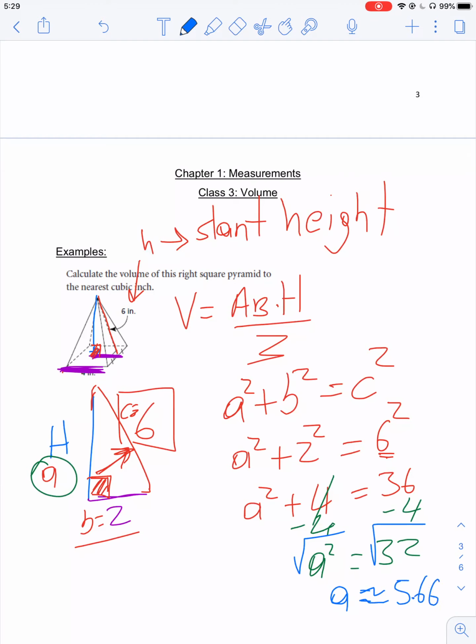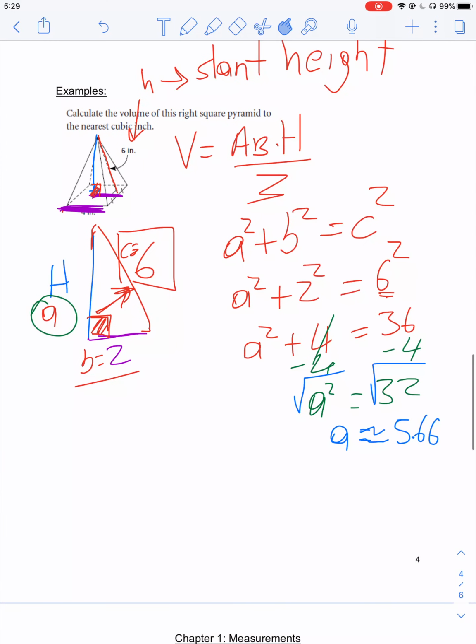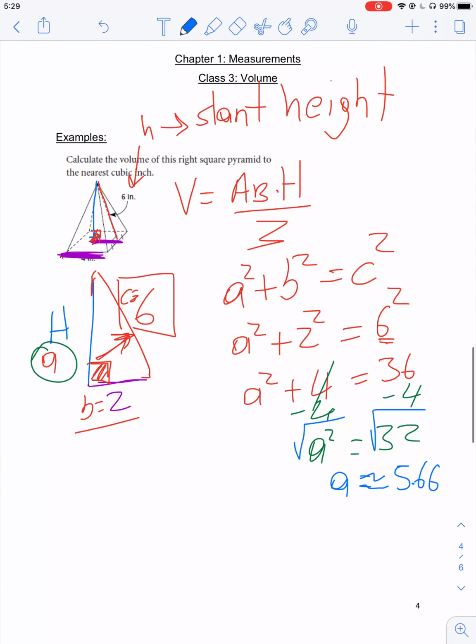I like to use 2 digits, but if you're using 1, that's fine. Doesn't really matter because we're using an approximation. I prefer 2 digits because it's a little bit more precise. Okay, now I have everything. So I know that my h is equal to 5.66.